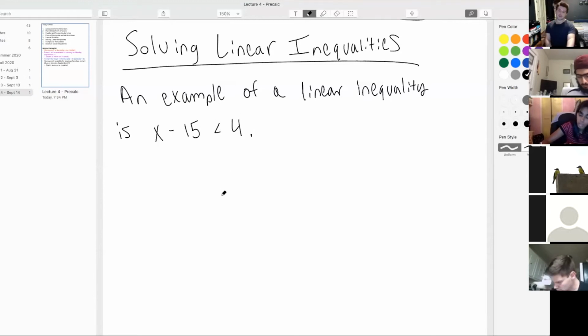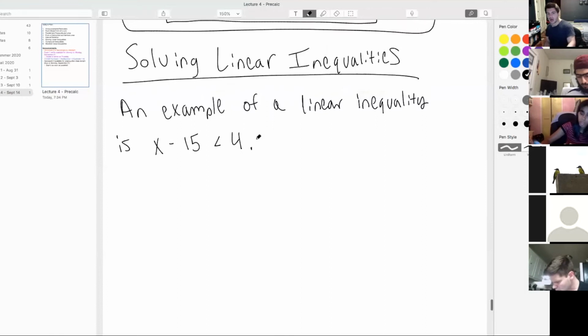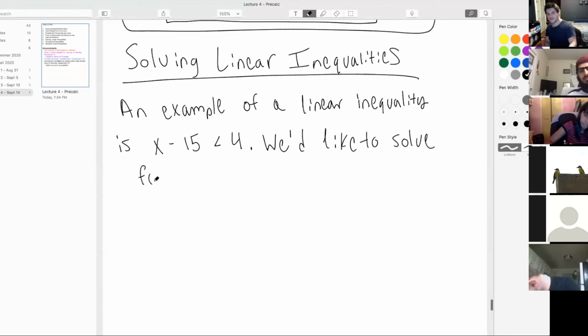That's an example of a linear inequality. And the goal is we'd like to solve for which x values satisfy this inequality.